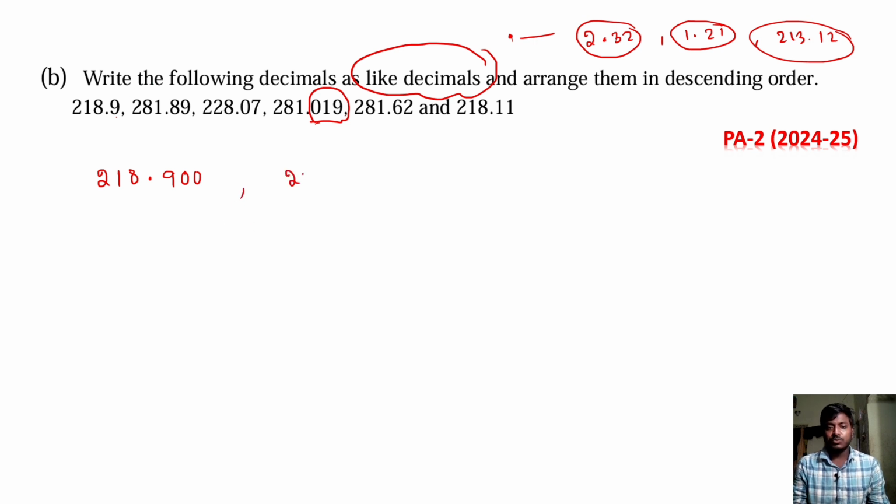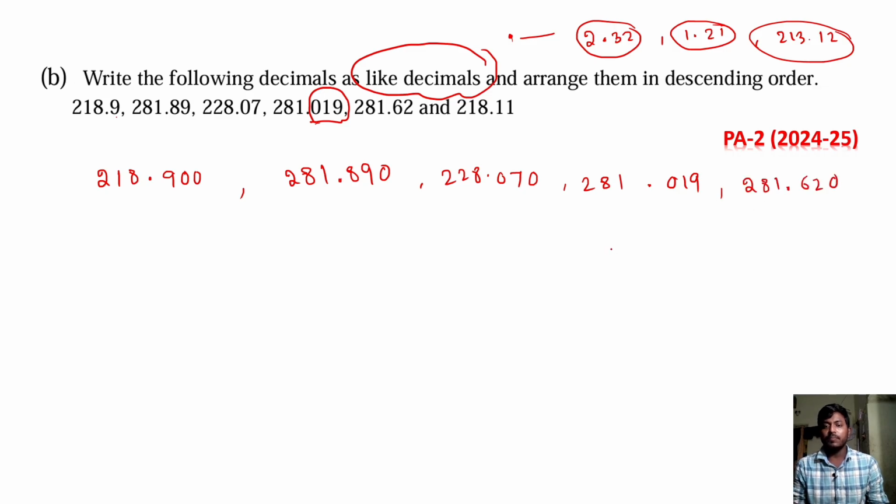Again the second one is 281.890, then 228.070, then 281.019, after that 281.620, 218.110. Understand?